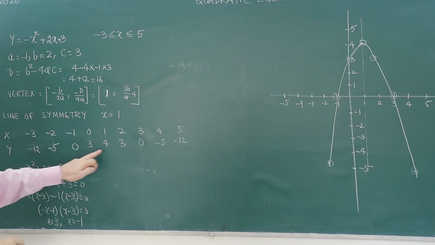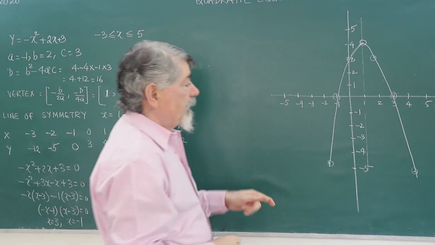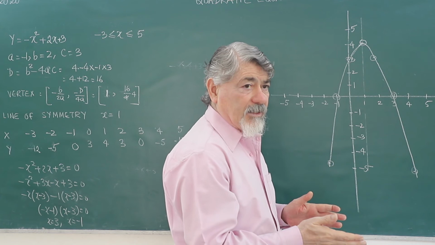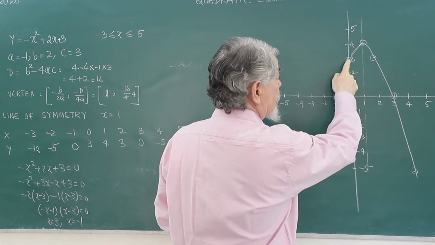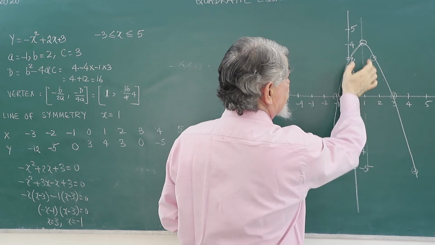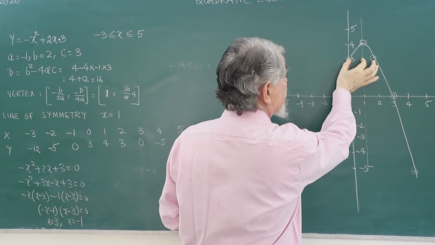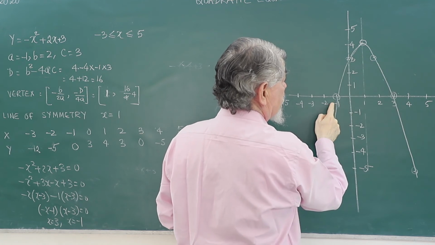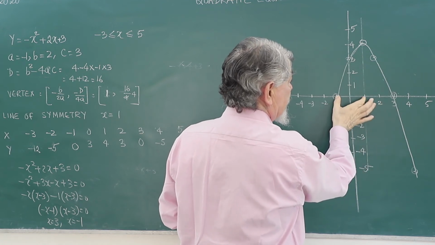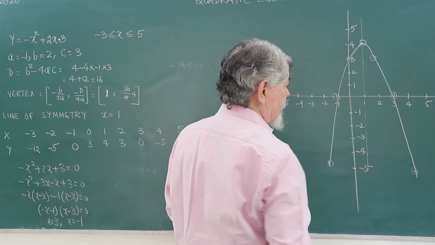I calculated all the values and I plotted, and you can see all the points are symmetrical about the line of symmetry. Like it is 0, 3, it is 2, 3. This is symmetrical. The distance between this and this is 1, here also 1. Then minus 1, 0 and 3, 0. Here the distance is 2, here the distance is 2.